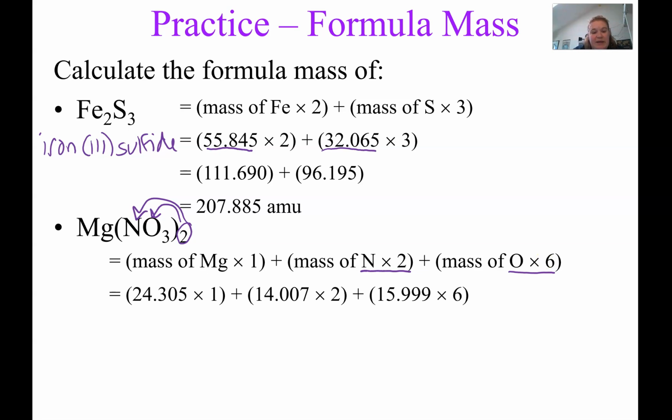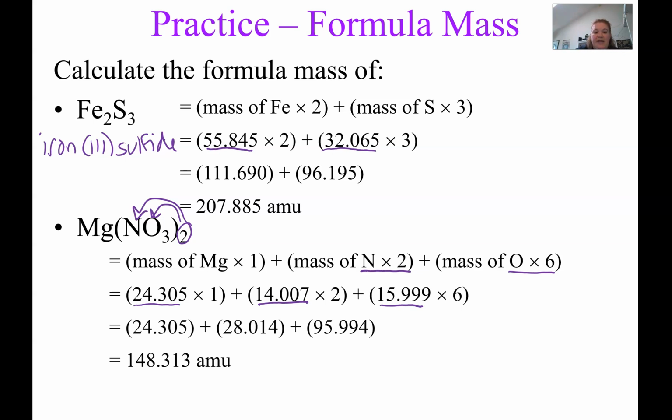I know that multiplying the magnesium by 1 mathematically doesn't change anything. I'm just putting it in there so you can see that I didn't forget to do it. Then we have the mass of nitrogen and the mass of oxygen. We add them together, and we get a mass of 148.313 AMUs.